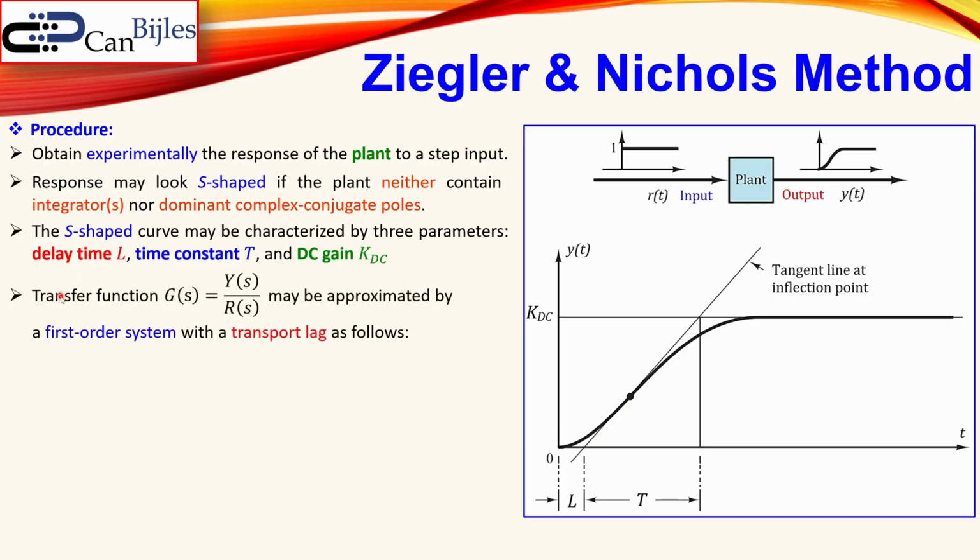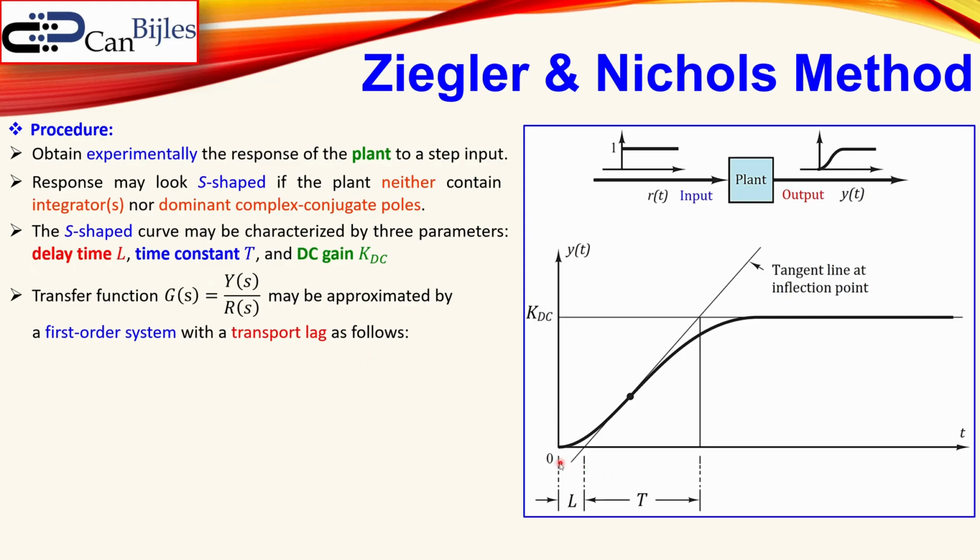Now the transfer function we actually look at, G, I call this the plant here. If you don't know the physics and also don't know the transfer function, you can determine from here G, which is the plant transfer function. In this case, you see here the first order system and also the transport lag or the delay time.